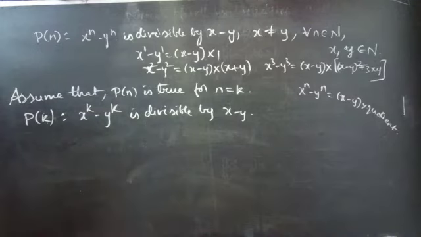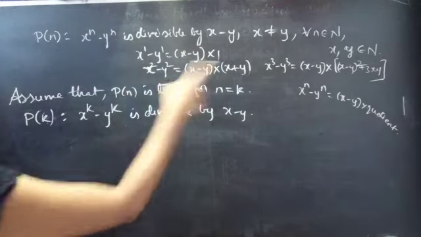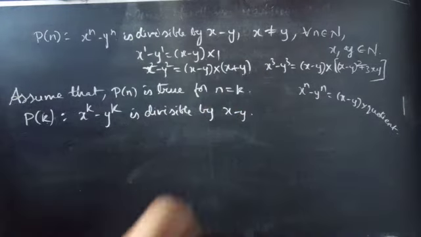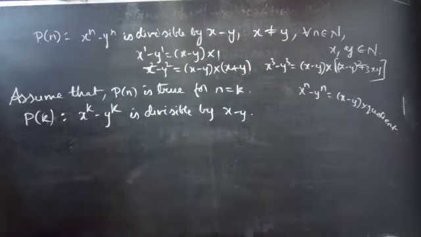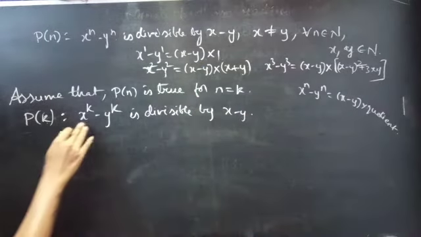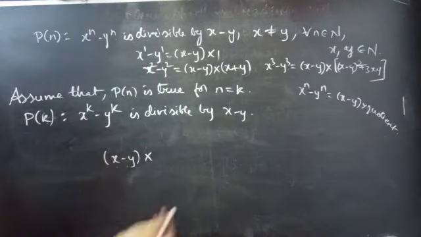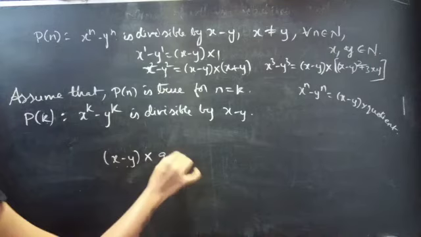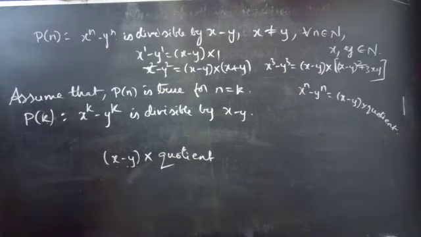So, as we saw earlier, for n equals 1, 2, 3, we are getting a multiple of x minus y with a quotient. For k also we'll get some multiple of x minus y with a quotient, right?